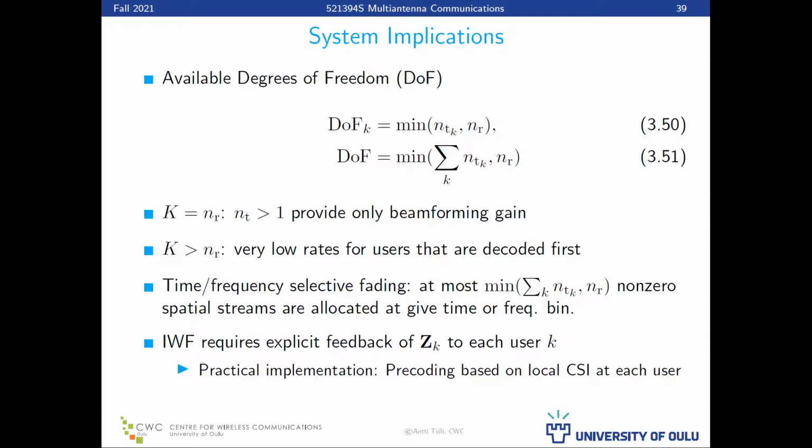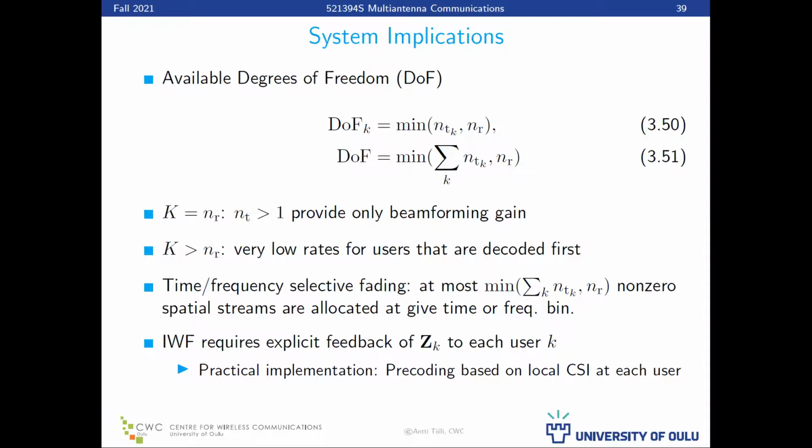But if you assume that we have a TDD setup, each user could estimate its own channel from downlink pilots, right? But this user would not be able to estimate the other users' channels, right? There's no idea, just from the TDD type signaling. So these channels should be explicitly fed back. That would be, of course, huge overhead.